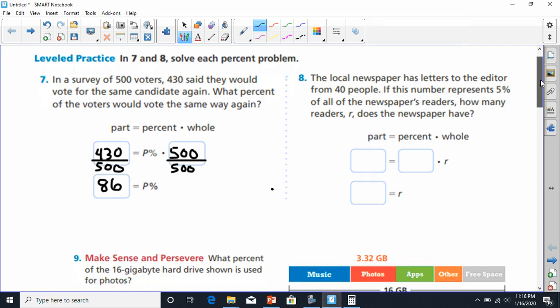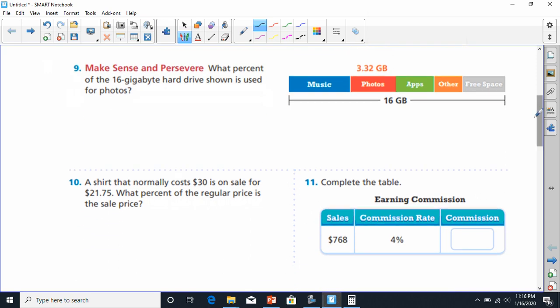Let's continue on, doing number 9. It says, what percent of the 16 gigabyte hard drive shown is used for photos? Well, we see that 3.32 gigabytes are used for photos. Let's set up our percent equation again.